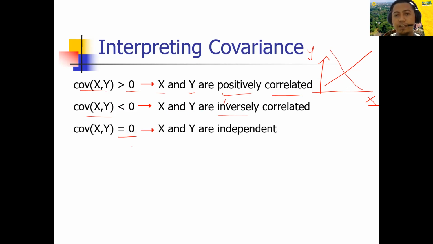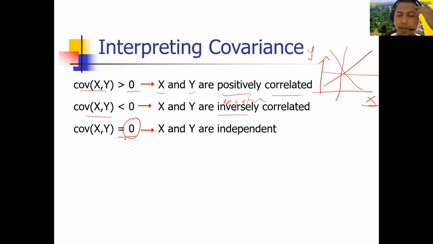You can see here, as x increases, y decreases. And then the other possible case is covariance equal to 0. It means that it could be a horizontal line or a vertical line.